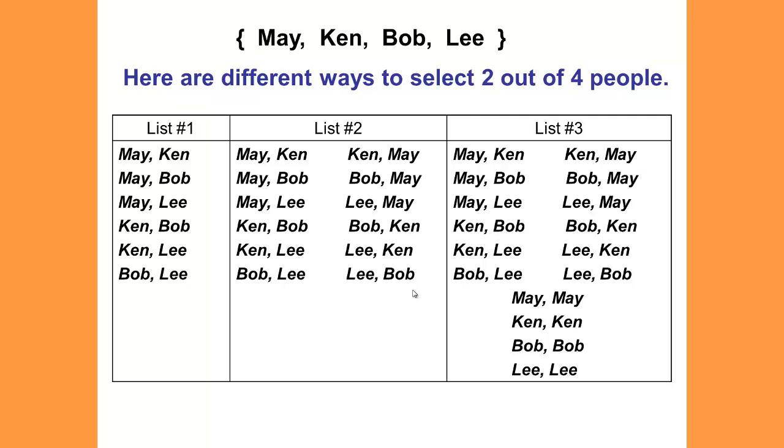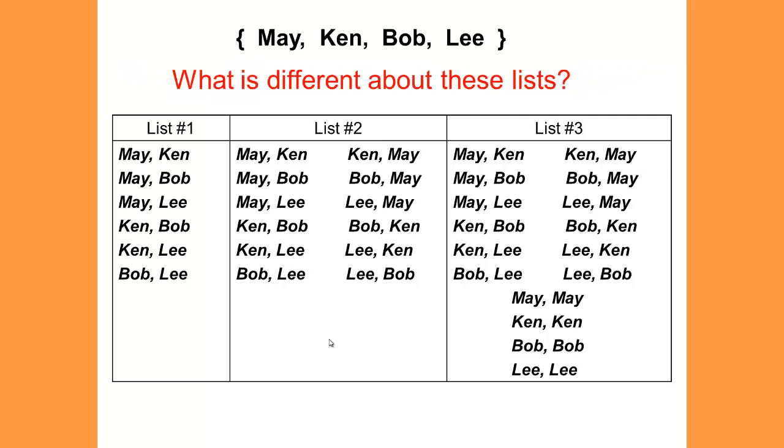It's almost like the with and without replacement, but it's not exactly the same. So first, let's look at what's different about our 3 lists. Take a minute, or not quite a minute, to study the list. What is different about these lists?